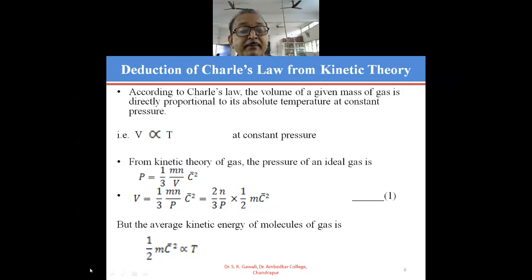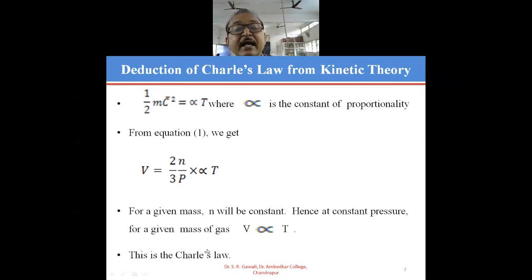If we substitute 1 by 2 m into C bar square proportional to the temperature, as 1 by 2 m into C bar square is equal to alpha into T, where alpha is the constant of proportionality.